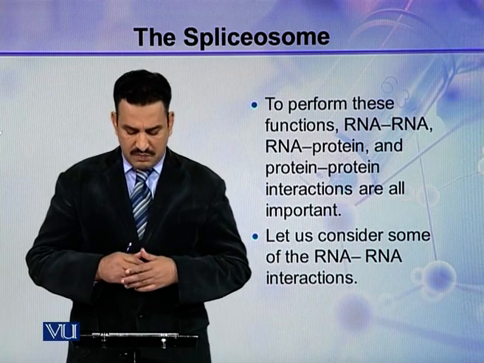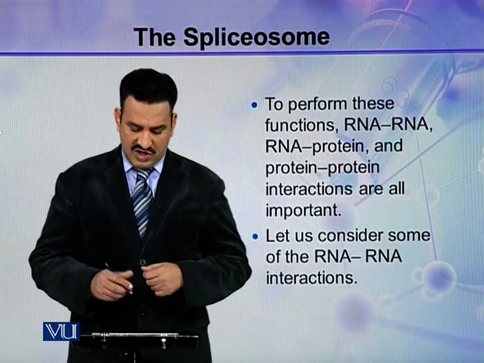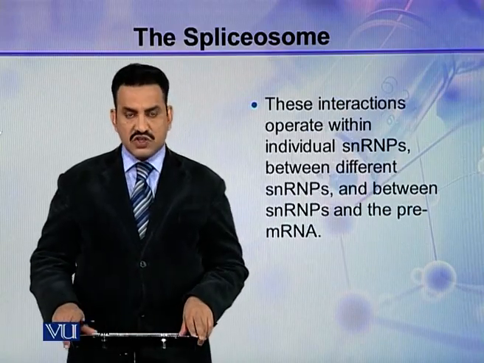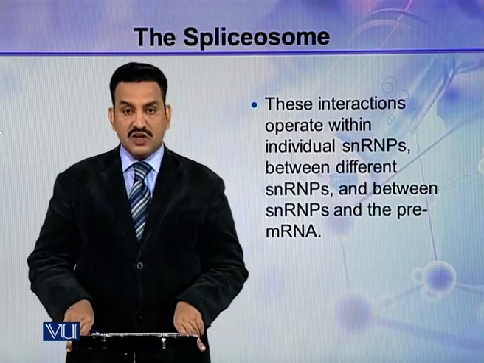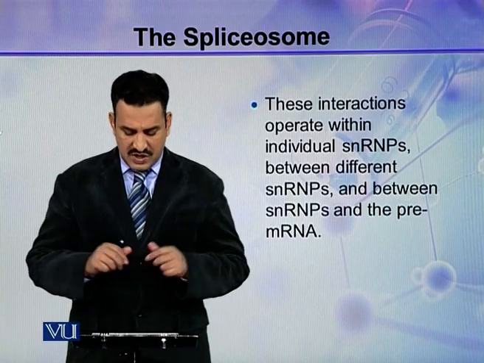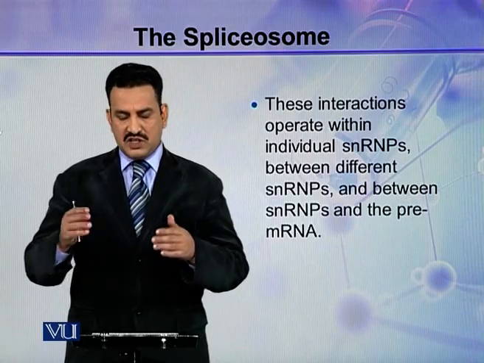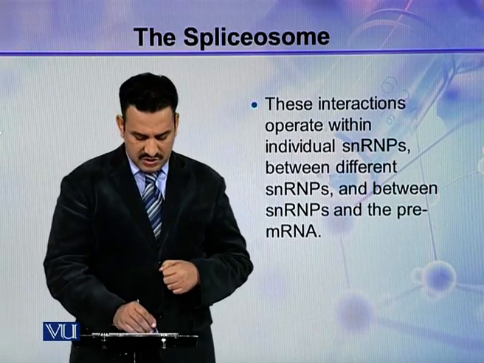Let us consider some RNA-RNA interactions which play a role in these reactions. These interactions operate within individual SNRPs, between different SNRPs, and between SNRPs and the pre-mRNA. So, these are different types of interactions.